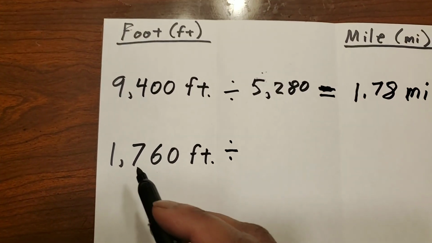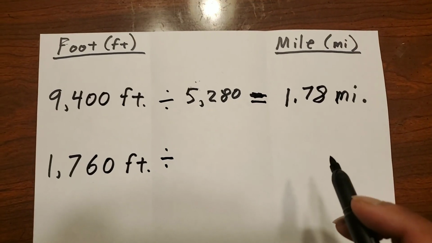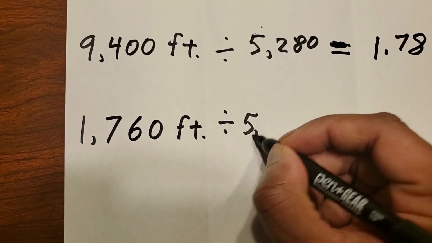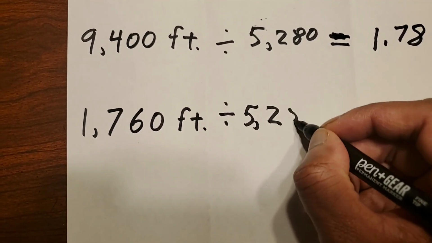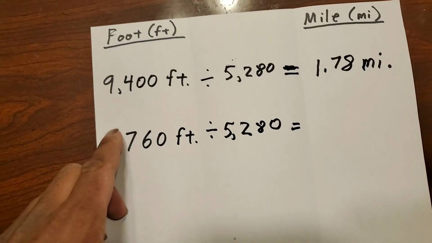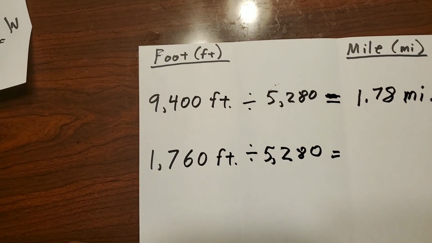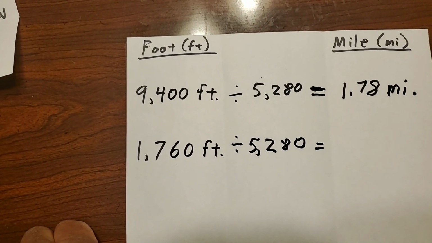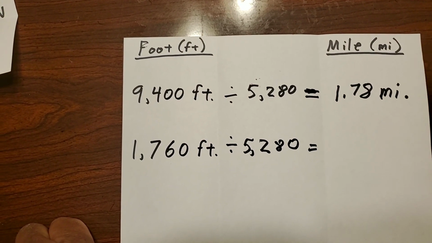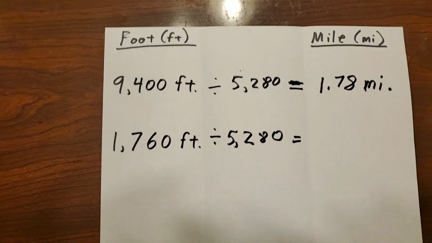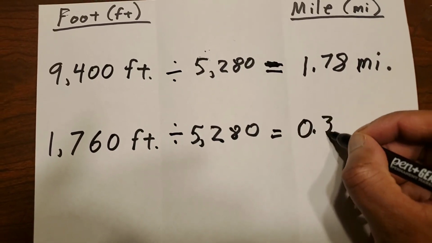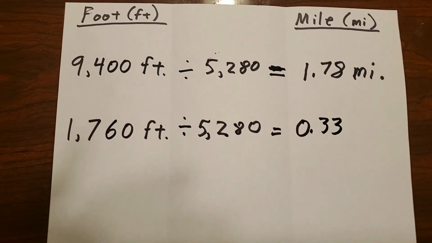1,760 feet, we're converting these feet into what? Miles. And what are we going to use? 5,280. Use your calculator. 1,760 feet divided by 5,280 equals, if you said 0.33, you are correct. 0.33 what?